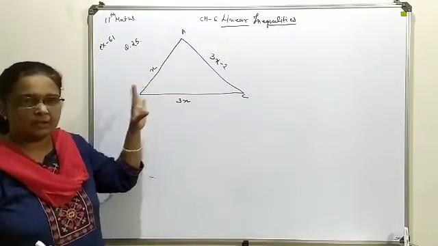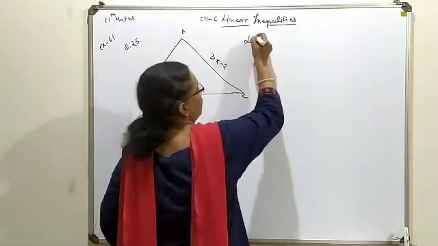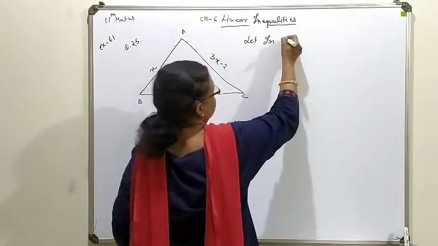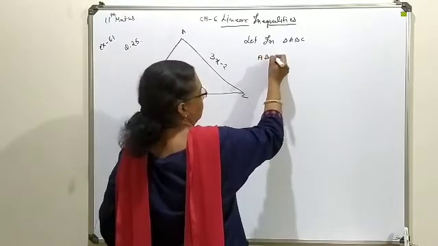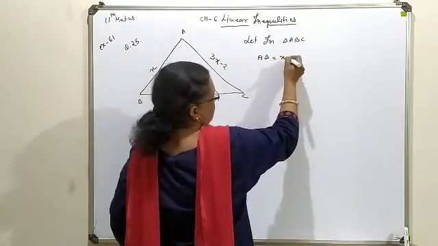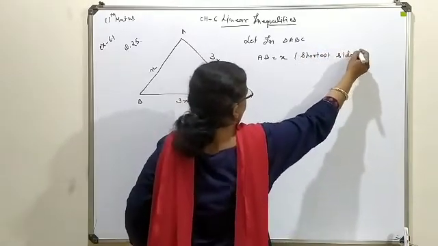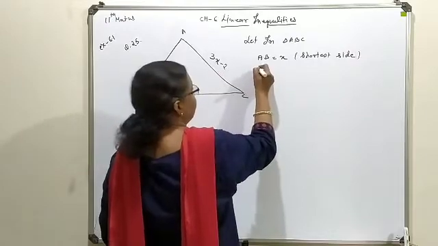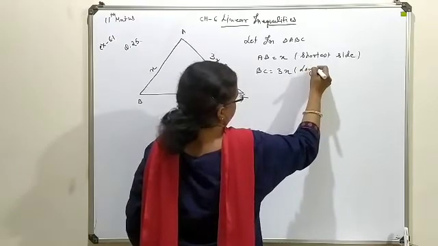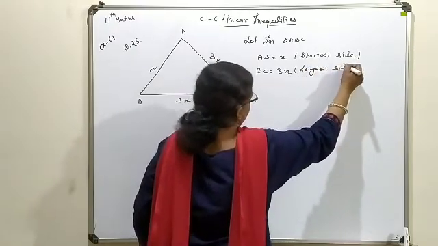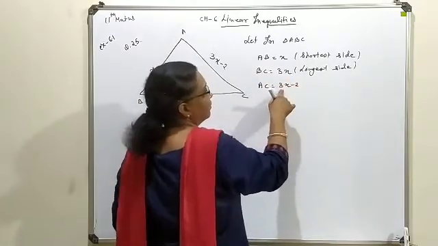So here we define: let in triangle ABC, AB be taken as x, the shortest side, then BC we take as 3x, the longest side, and AC, the third side, we can take as 3x minus 2.